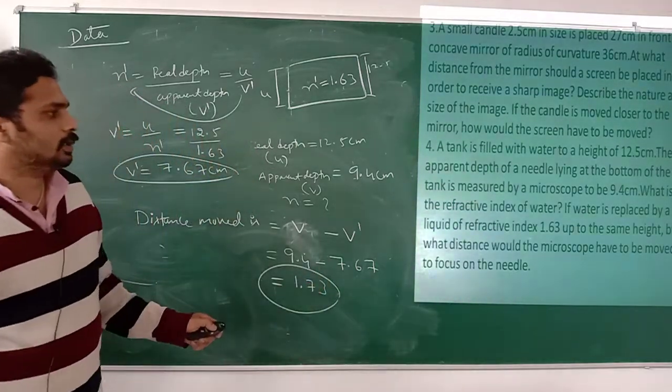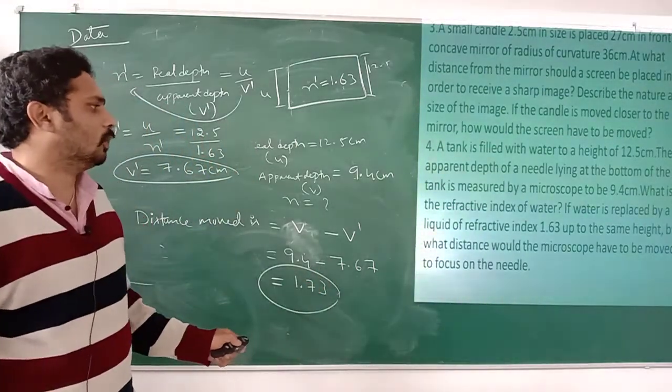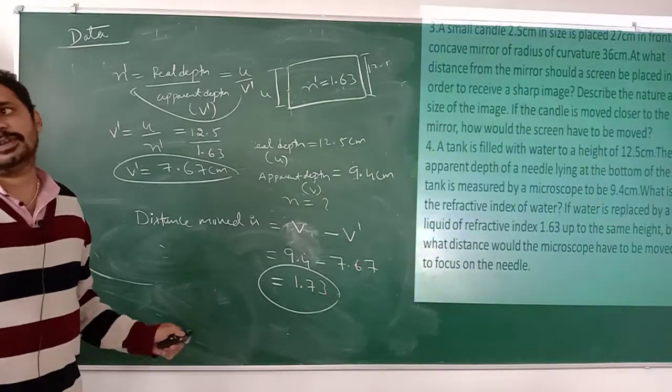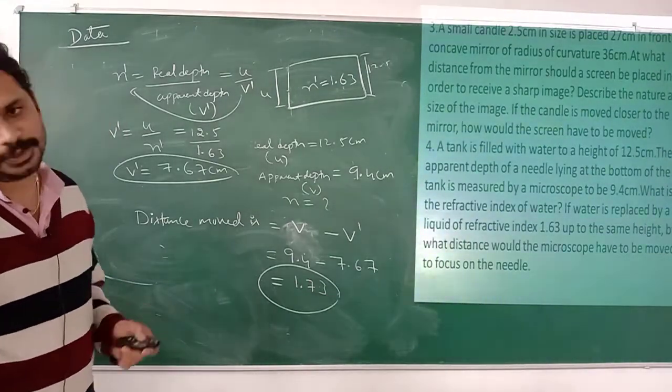Therefore, the distance the microscope has to be moved to focus on the needle is 1.73. That's the answer.